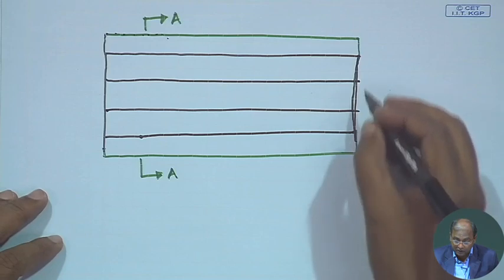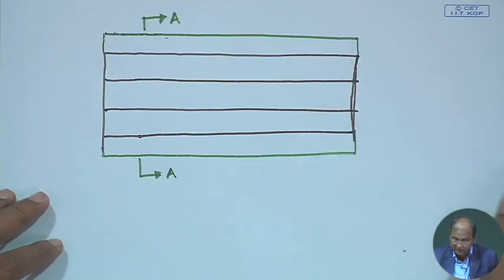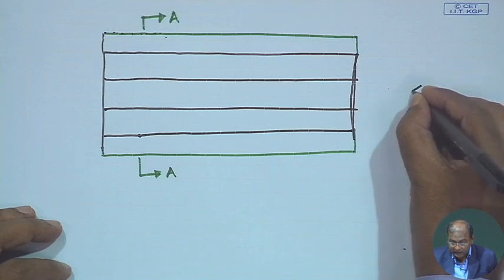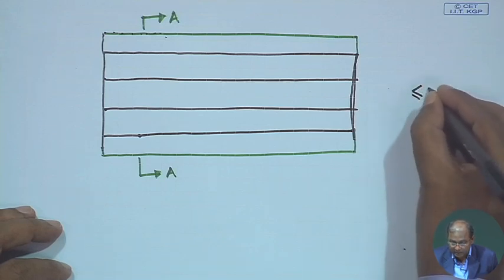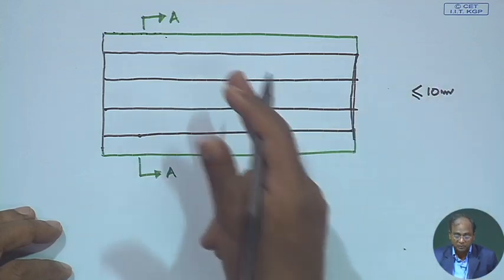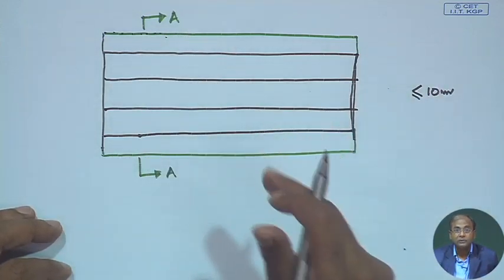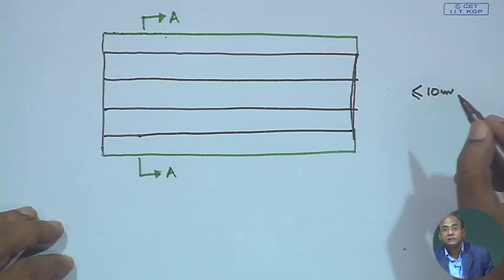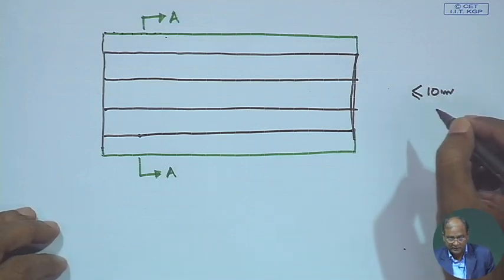So what we suggest is that, from lateral stability point of view, the cross girder spacing should be not more than 10 meter.